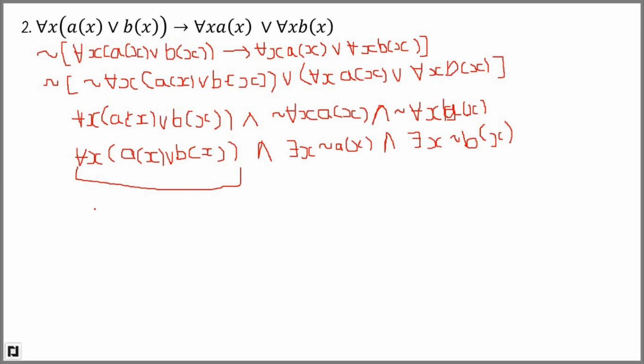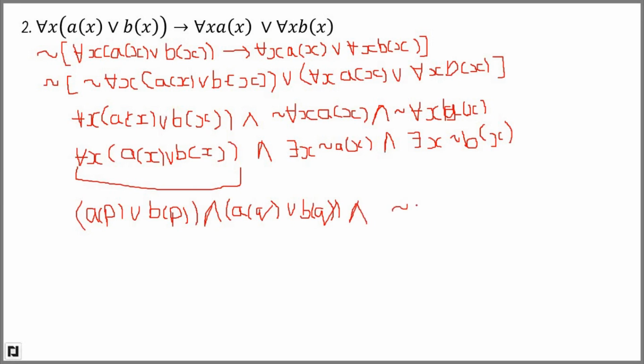For example, here we have to write A of p or B of p, and here we have only a single term of q.